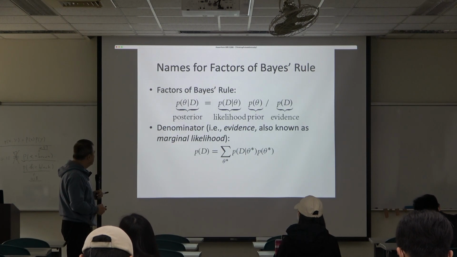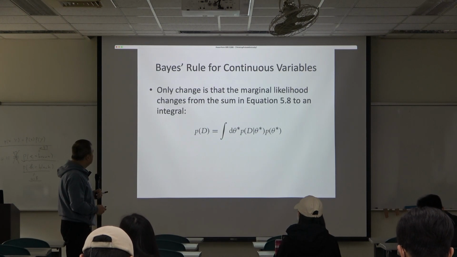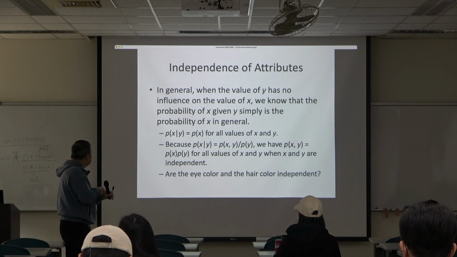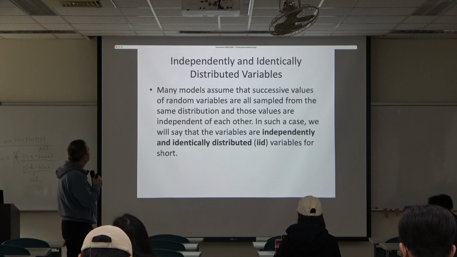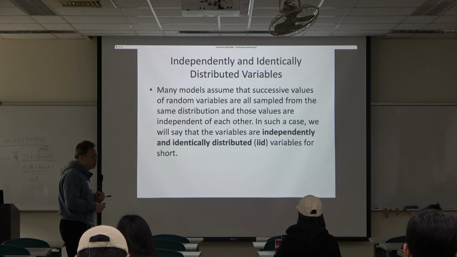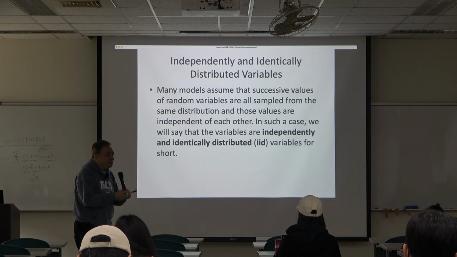So, going back, many models assume that successive values of random variables are all sampled from the same distribution. The distribution remains the same.